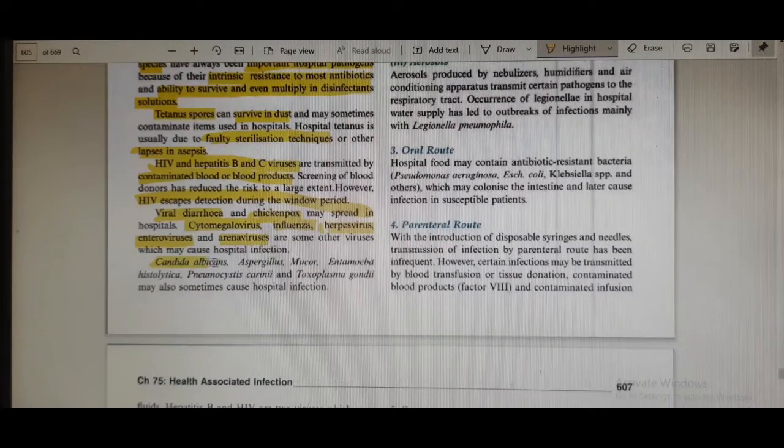Then we have Candida albicans, Aspergillus, Mucor, and Entamoeba histolytica. Few bacteria and protists are given here. Pneumocystis carinii and Toxoplasma gondii are some of the other microbes which can cause hospital infection. So that completes the microorganism part.